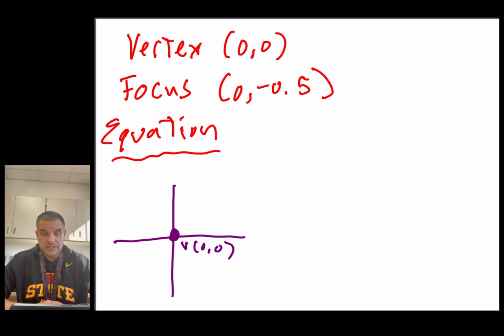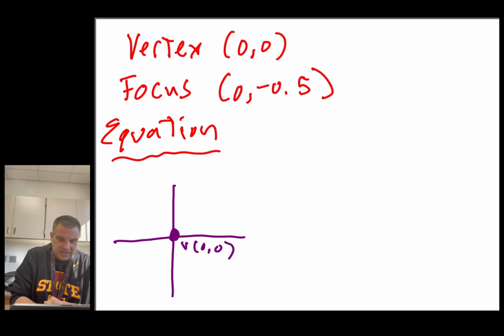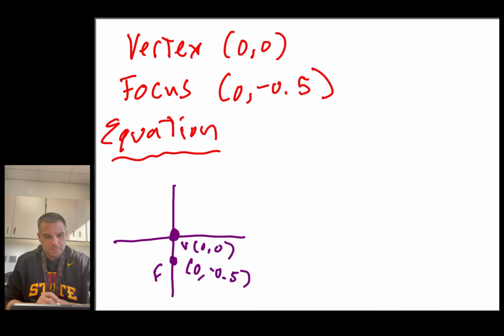We need the vertex and the a value. The focus is at 0, negative 0.5, and I'm going to exaggerate it a little bit. So there's my focus, which means my line of directrix is going to be up here.